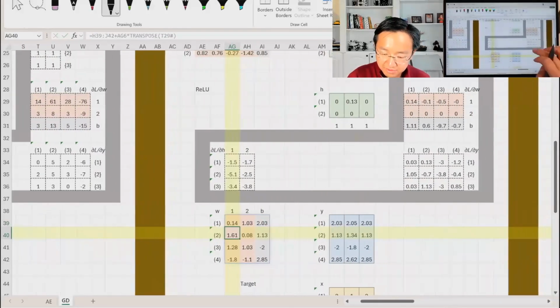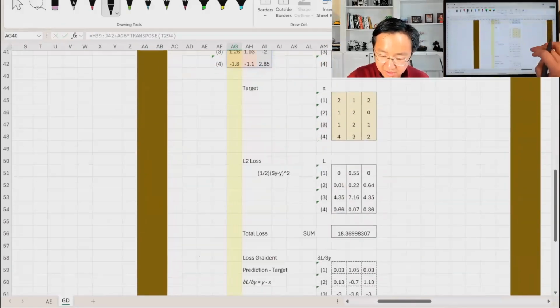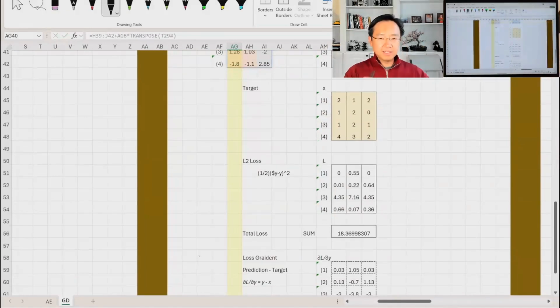Okay, and so now hopefully the loss is still going down, but we're updating weights in 2 layers. So this is how we can complete the second epoch.